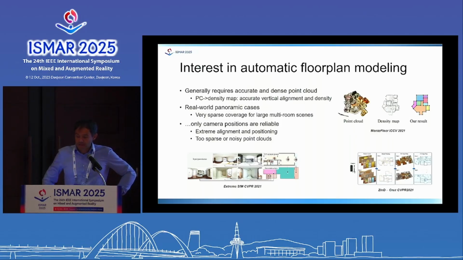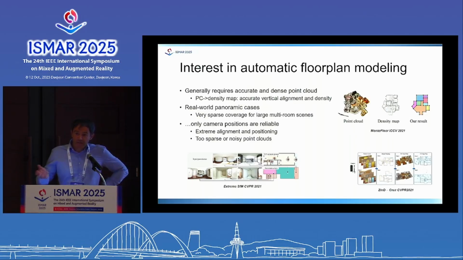Usually, if you have a dense point cloud, it needs to be aligned and registered on the gravity direction in order to obtain an occupancy map, and then we can segment the point cloud in order to obtain the walls' position and all the semantic information. But this is not easy to obtain in real-world cases, especially where we have mapped a very big scene.